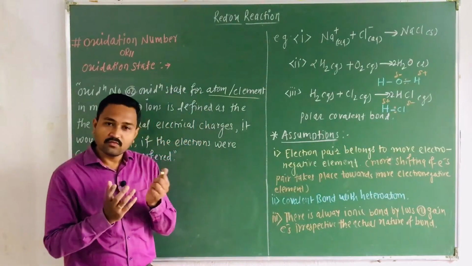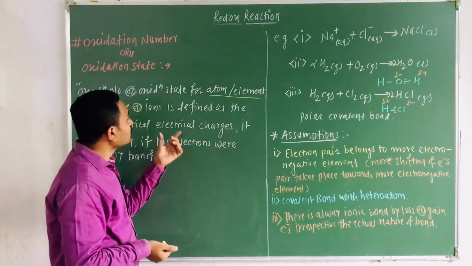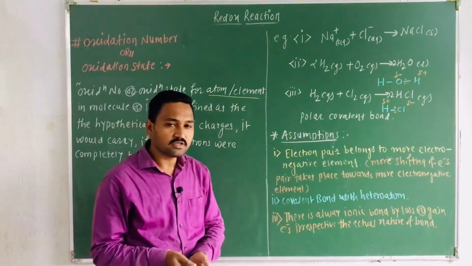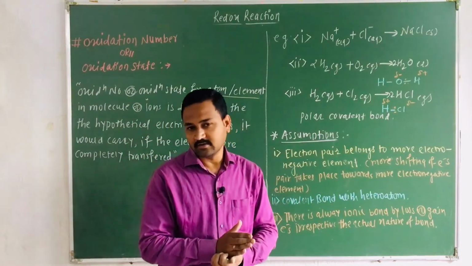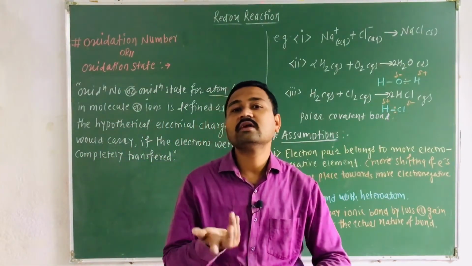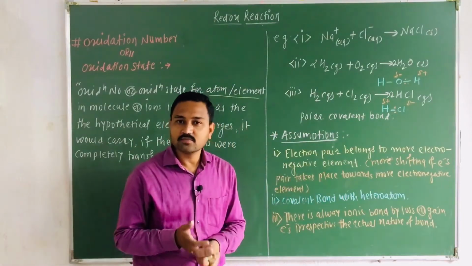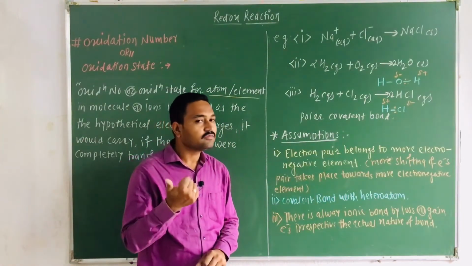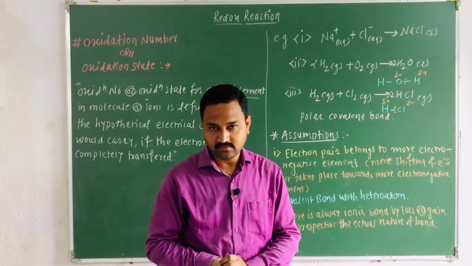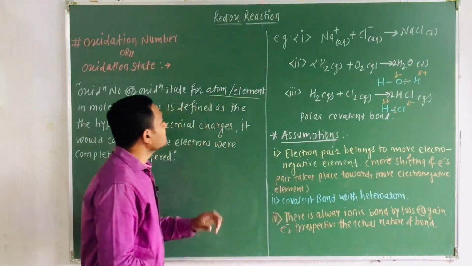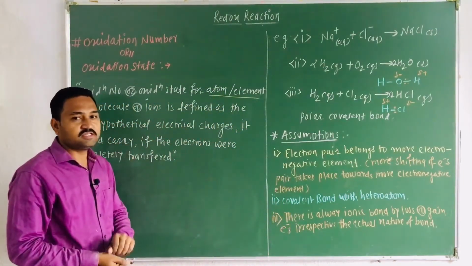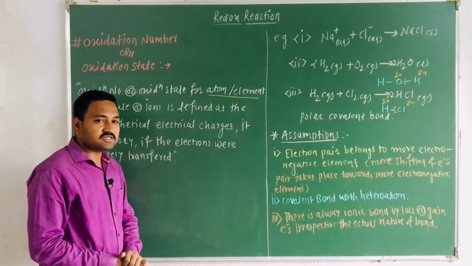We know that electric charges are of two types, either positive or negative. Any atom which loses its electron will gain a positive charge. Any atom which gains the electron will exhibit the negative charge. Is it right? So this is the definition of your oxidation number or oxidation state.